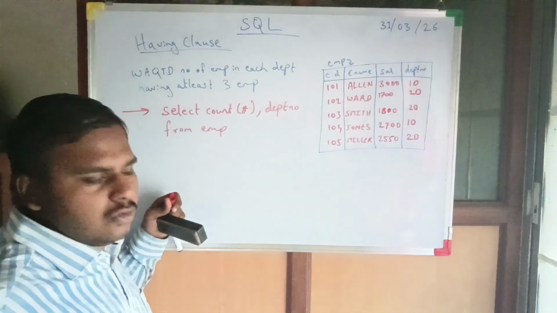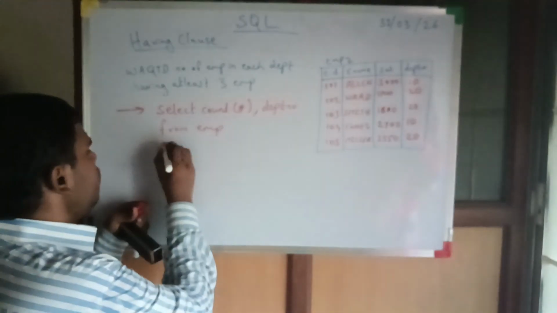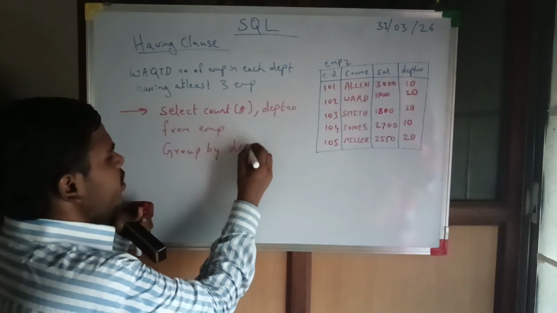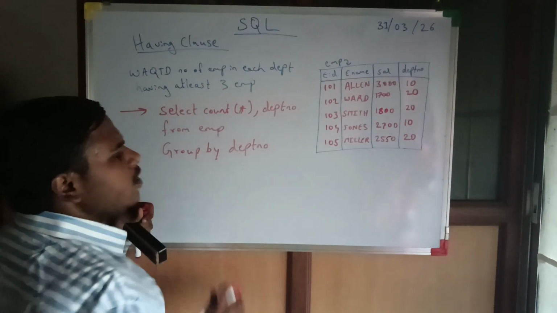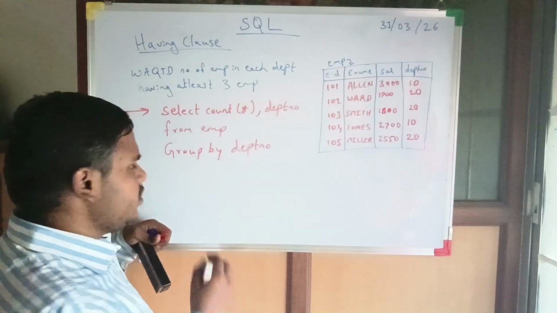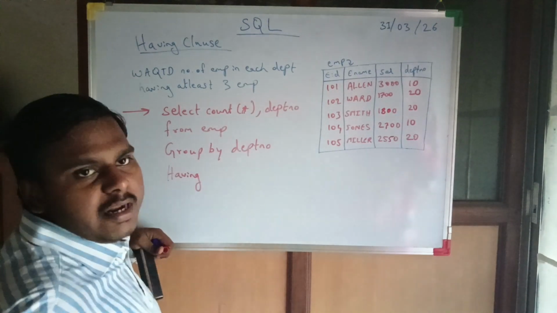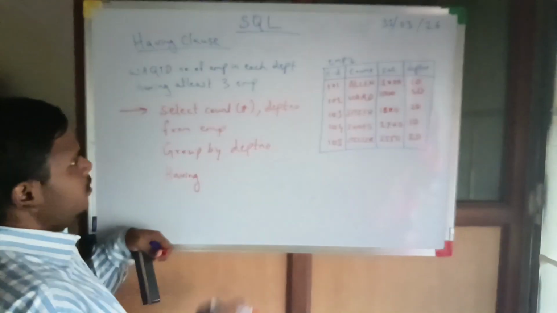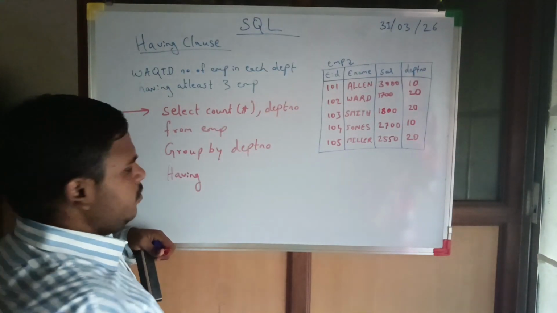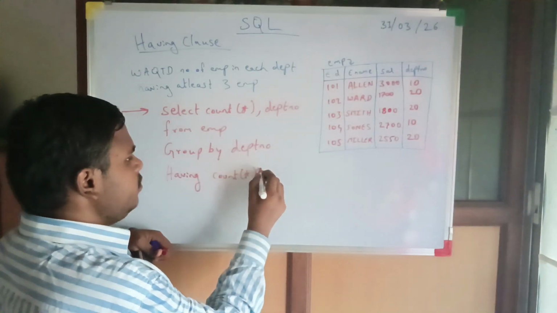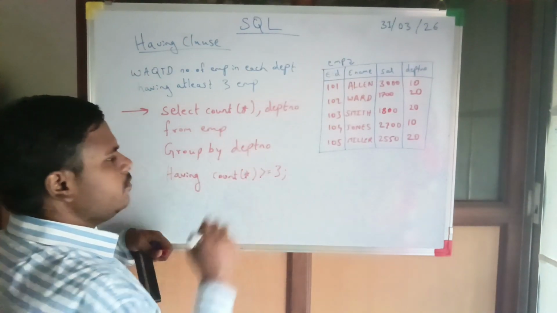No, we can't use it here. Group by department number. Now after that what we will write? We will write having clause. Having, what we will write? Group filter condition. At least 3 employees means having count of asterisk greater than or equal to 3.